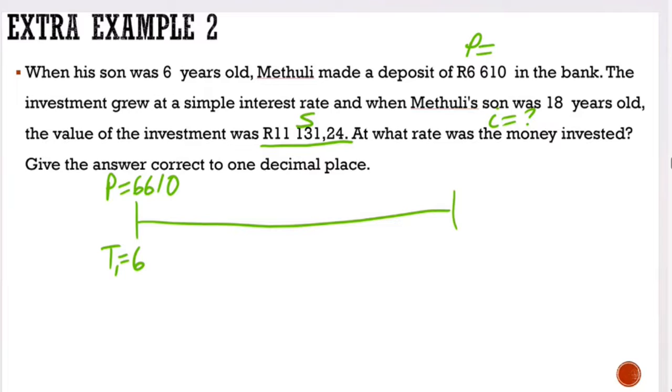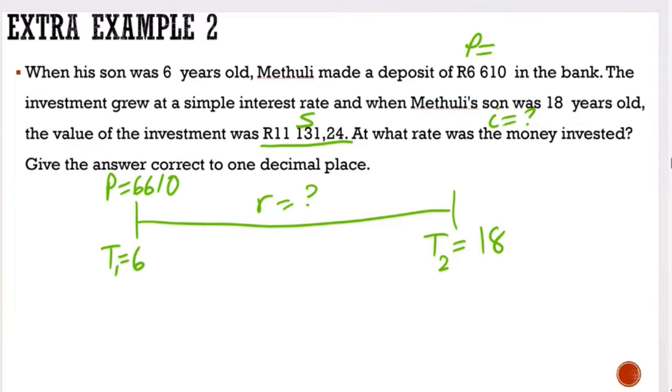And then at time 18, let me say this is T2, that is the end time, that is 18 years. So you are looking for the interest rate over this time.